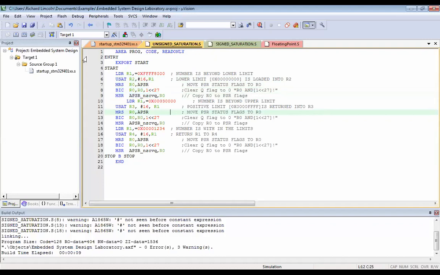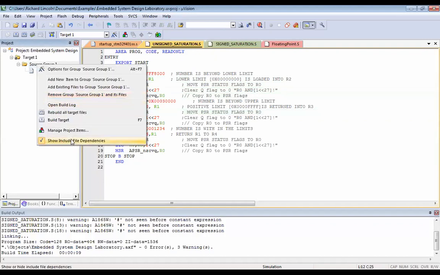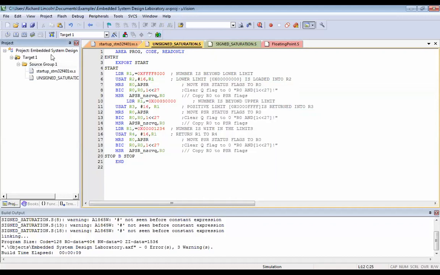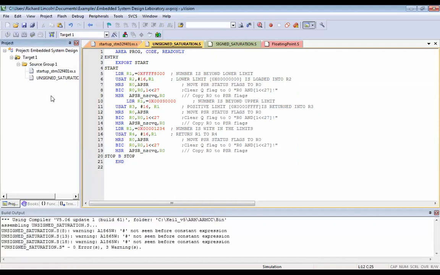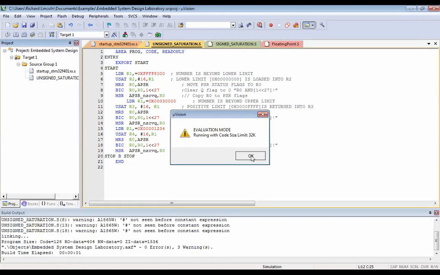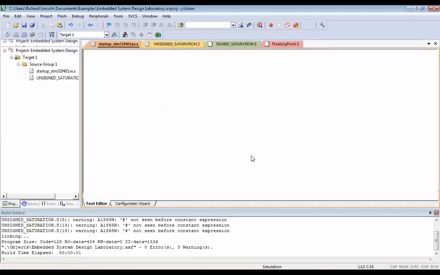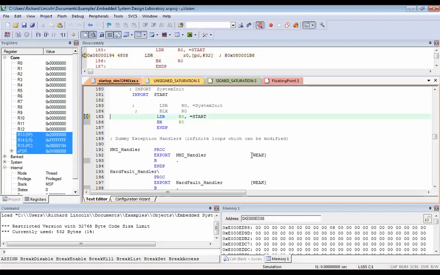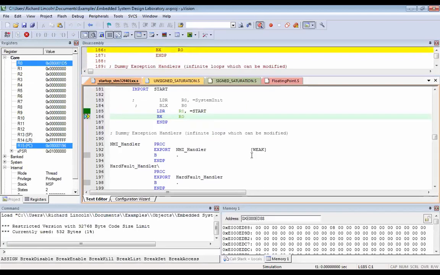So let us just execute this. Zero errors, which is good. Translate and build is fine. Get into debug. Yeah, get into single step.